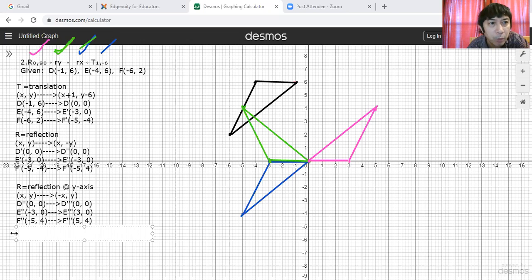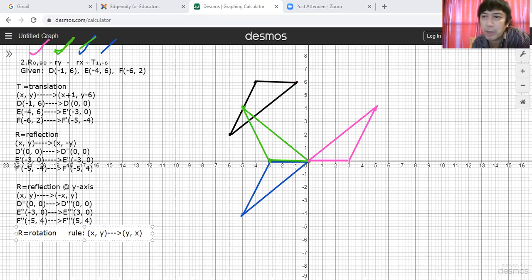So what will be the rule for rotation? Let's have the rule for rotation. Let's just put the R, which stands for rotation. And the rule: we start from x, y. We exchange the letters, so that will become y, x.